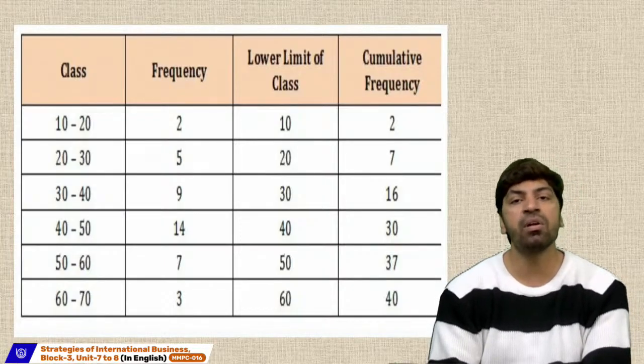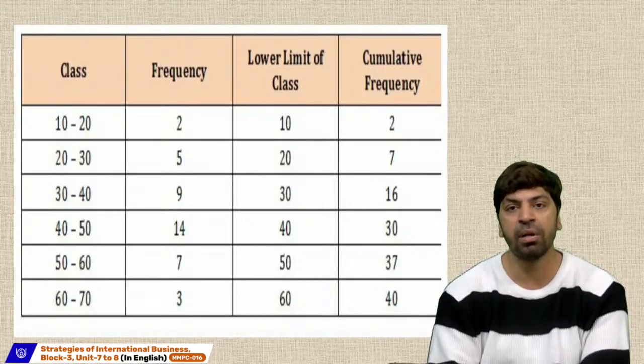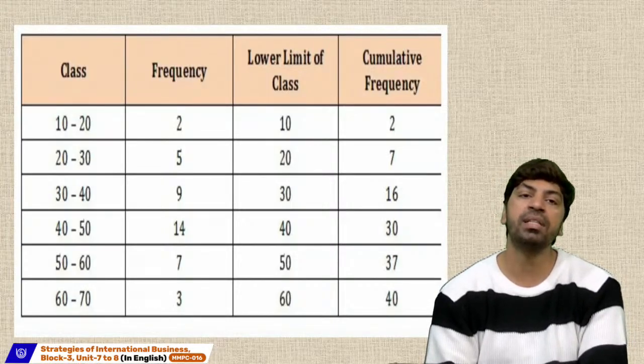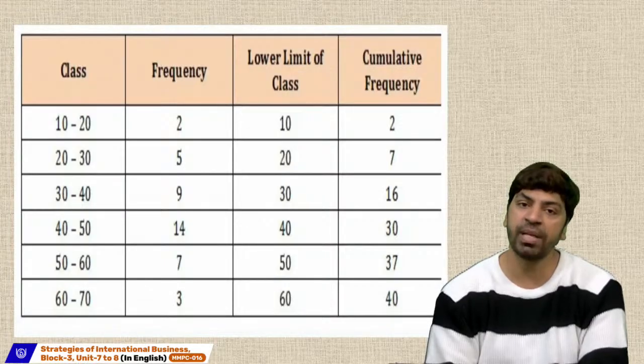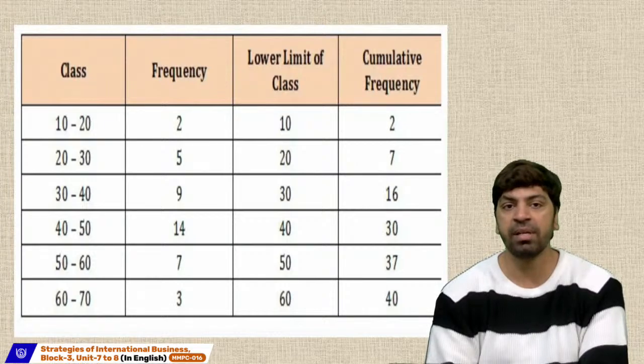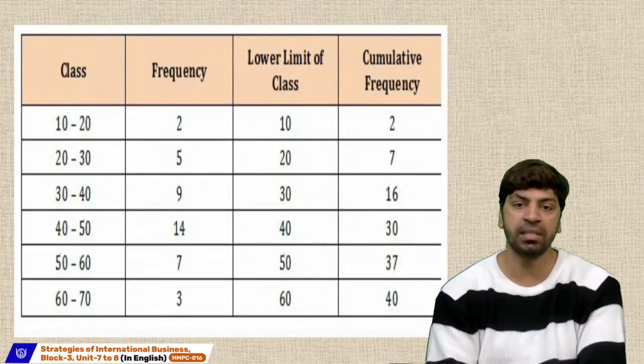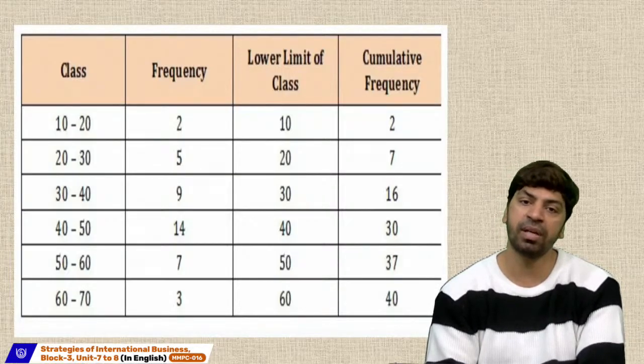The upper limits are shown here, that is 20, 30, and so on. The cumulative frequency is just the adding of the frequencies: 2, 2 plus 5 is 7, 7 plus 9 is 16, 16 plus 14 is 30, 30 plus 7 is 37, 37 plus 3 is 40.